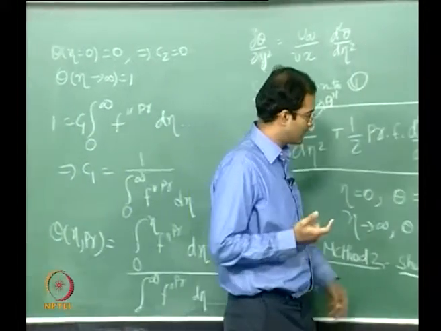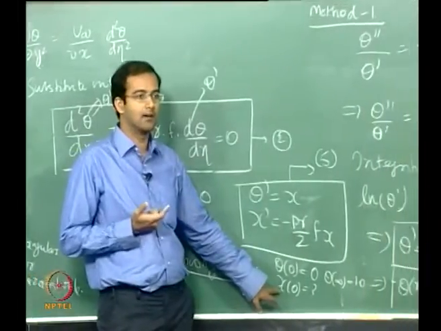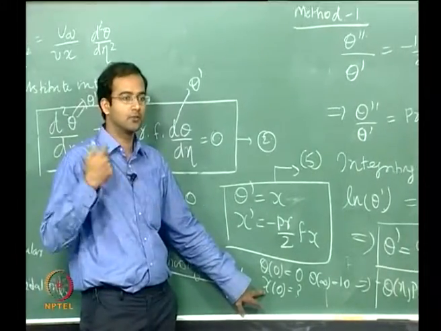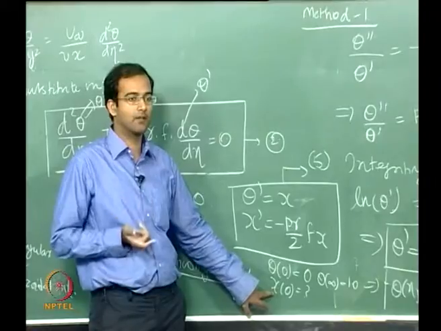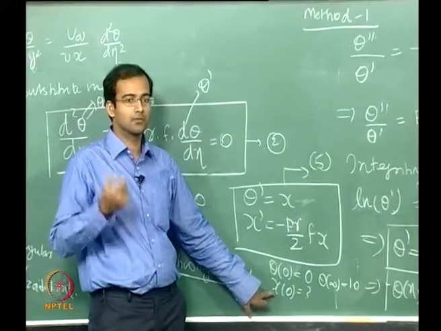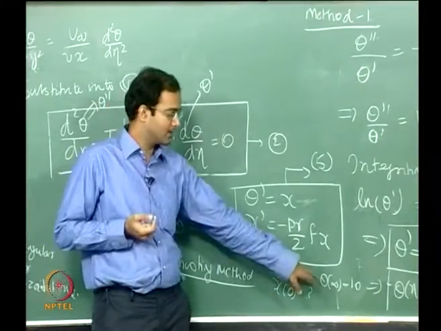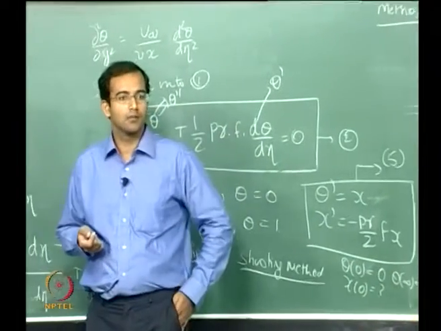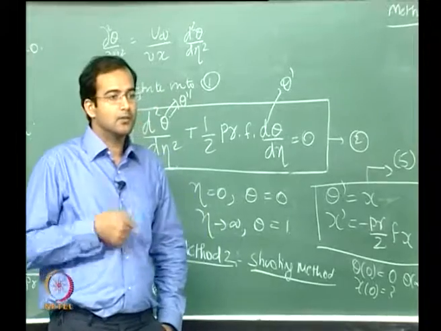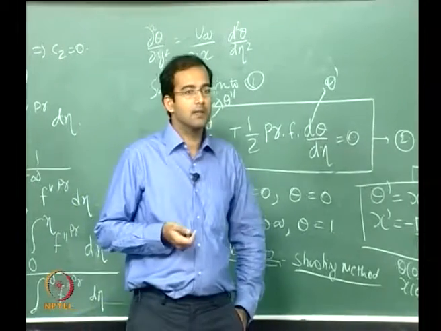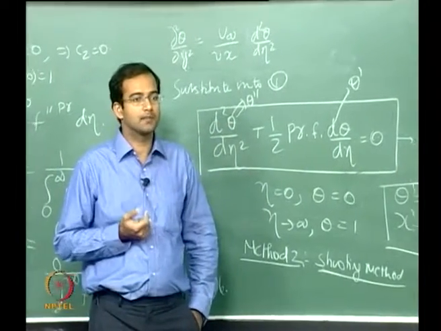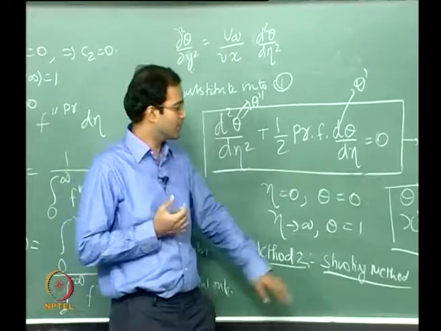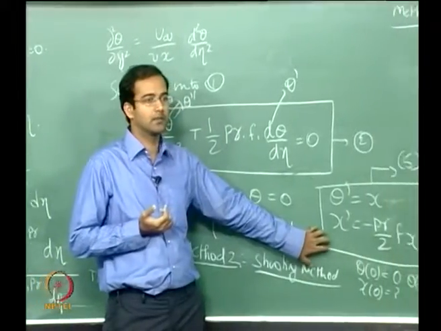The same way here you don't know it for x. So you do the same shooting technique. You guess the value of x at 0, you discretize it and march. You check whether your theta at a large value of eta equals 1. So you keep doing this iteratively till it finally matches that boundary condition. The same shooting technique can be applied for this.